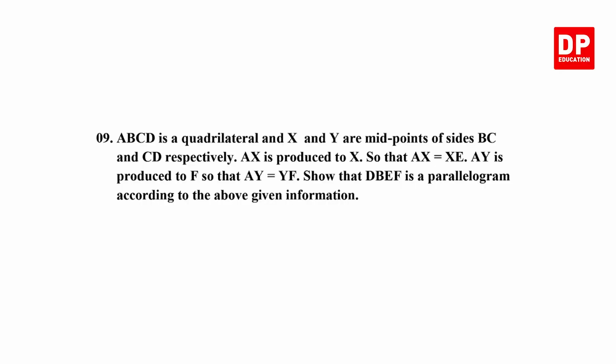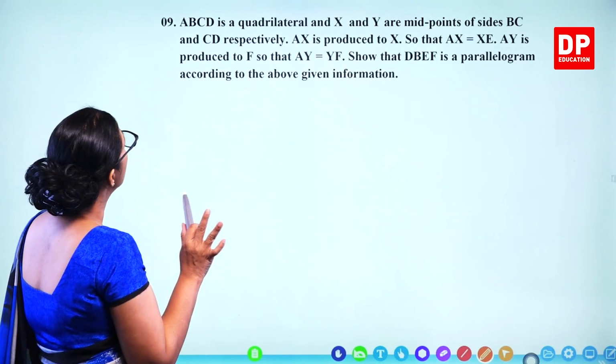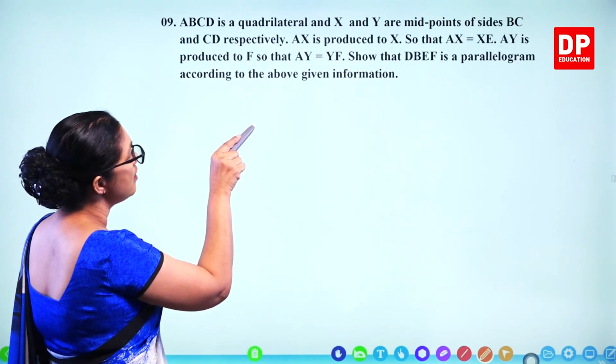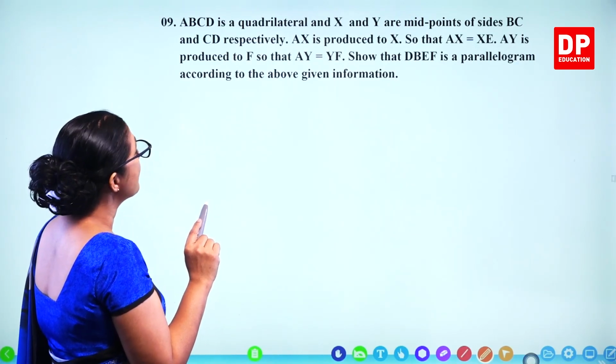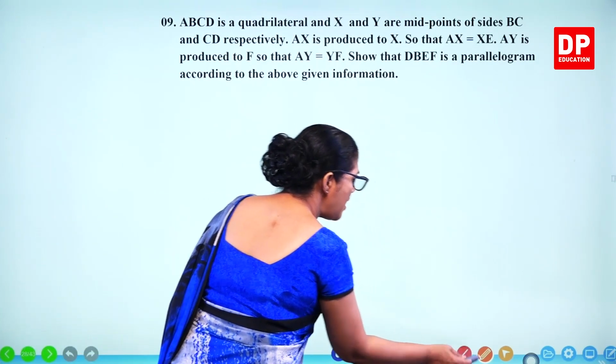Question number 9. You have to draw the diagram. So, let's draw it first and then we'll see how we can show this. You have to show DBEF is a parallelogram. ABCD is a quadrilateral. So, we can draw any quadrilateral.